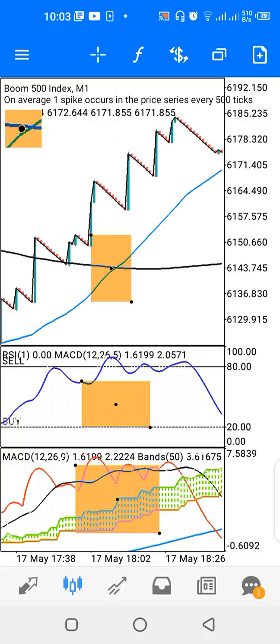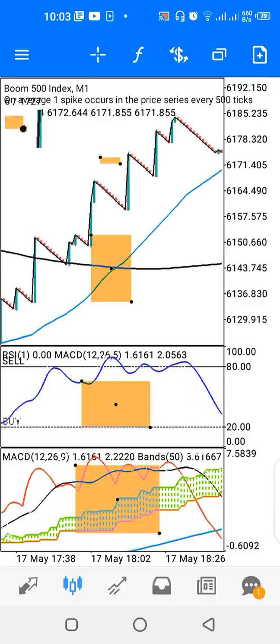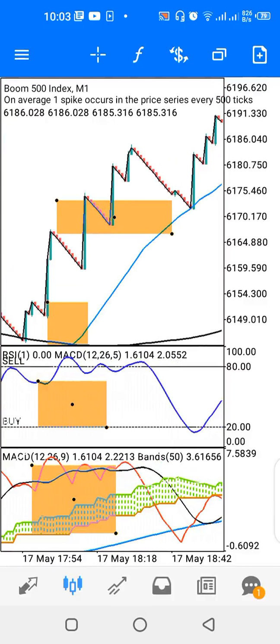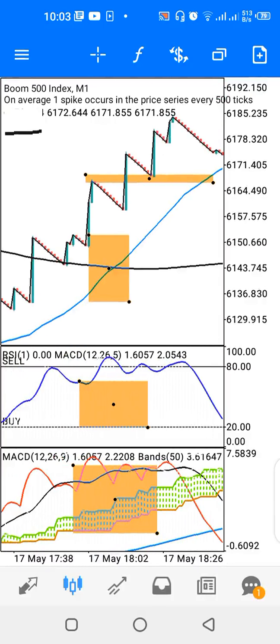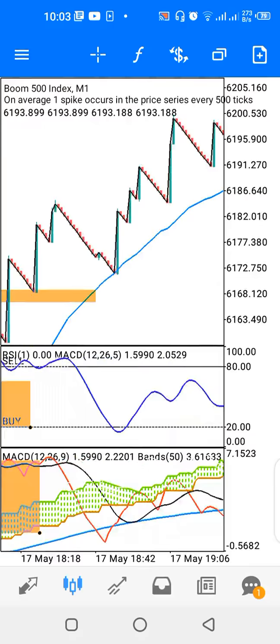If I buy around here, I'll be placing my buy entry somewhere around here. Don't forget, this is a 1 minute time frame. Assuming price crossed here, my buy entry will be somewhere around here, and I'll ride the trend.